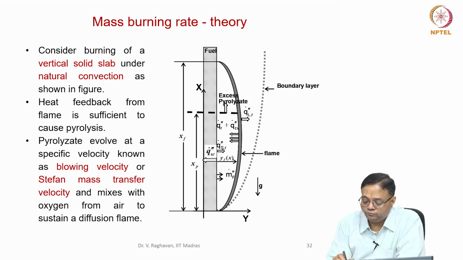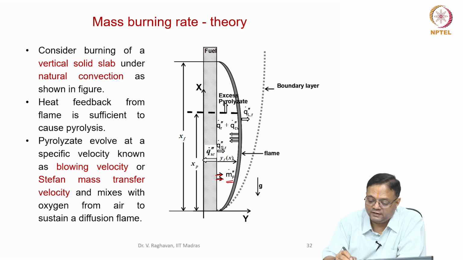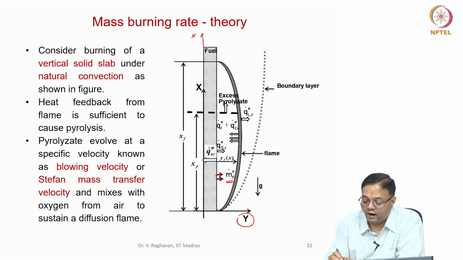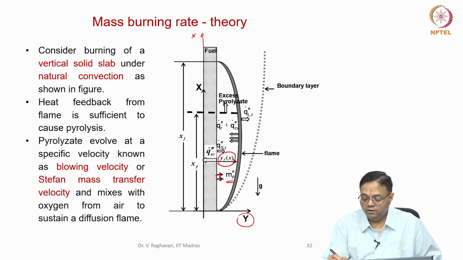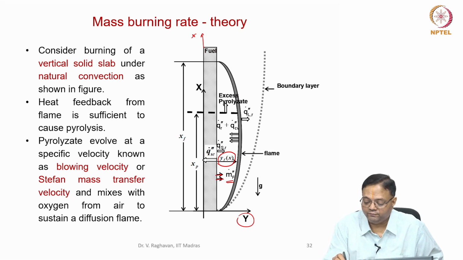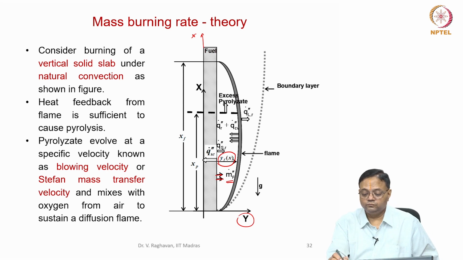So, now you can see some features here. First of all, due to the heating of the flame, fuel flux comes out and feeds the flame. Now, understand that this is the x direction and this will be the y direction. In the x direction, at any x, I will have a corresponding flame standoff, and this flame standoff is not uniform. Flame standoff increases and decreases. At a given x, flame standoff is called YF.